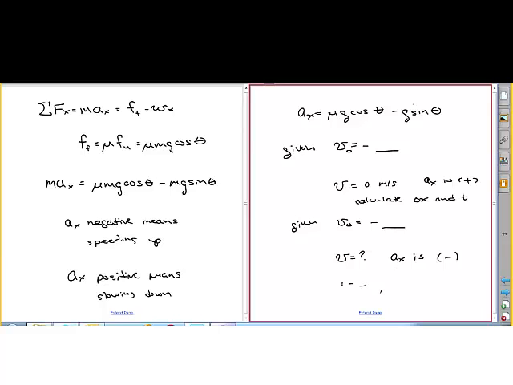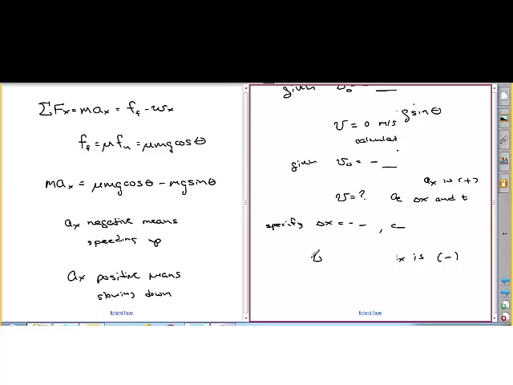So you'd have delta x negative, v0 negative, a sub x negative, and then you could calculate v, again using v squared equals v0 squared plus 2a delta x.